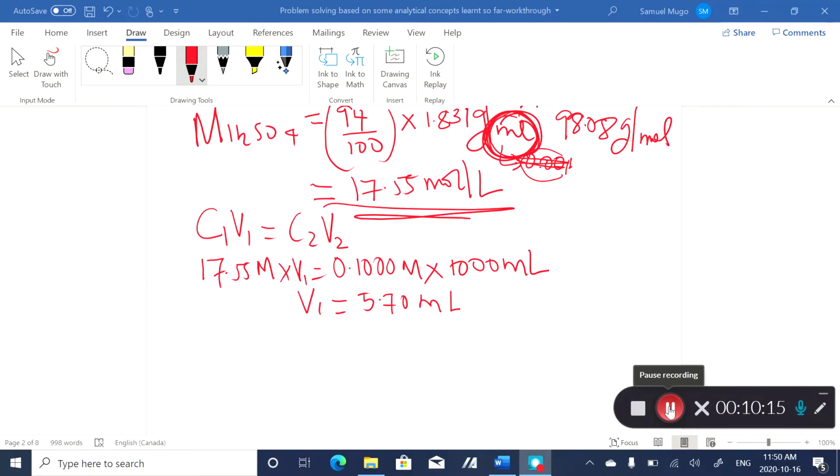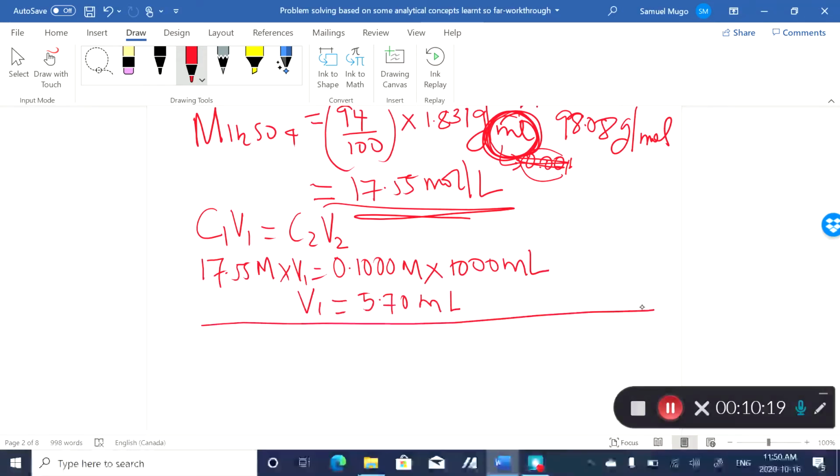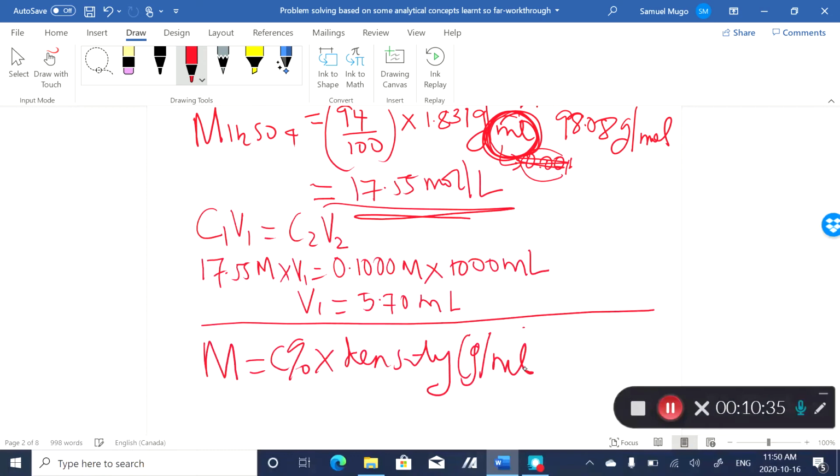However, a very simple equation that you can equivalently use to convert molar concentration into percent and vice versa is: the molar concentration is equal to the percent, multiplied by the density in grams per mL, and then multiplied by 10, divided by the molar mass.